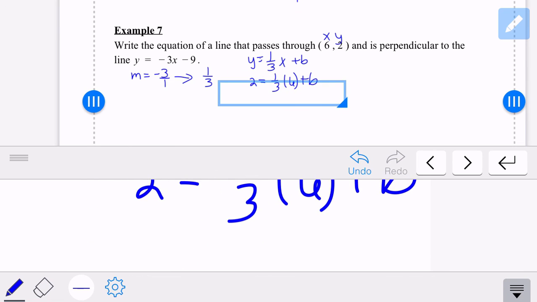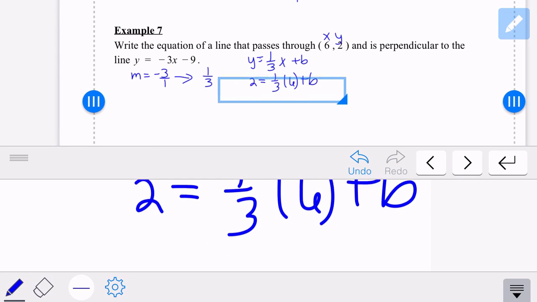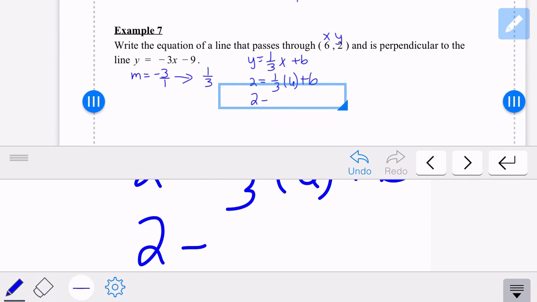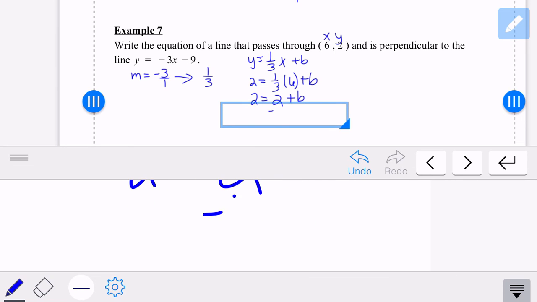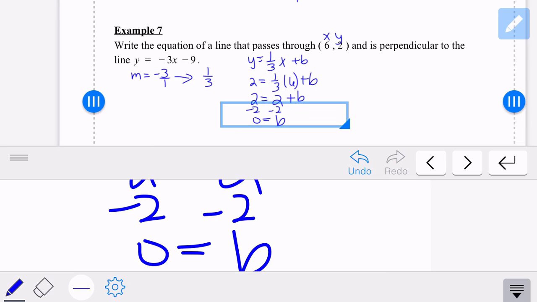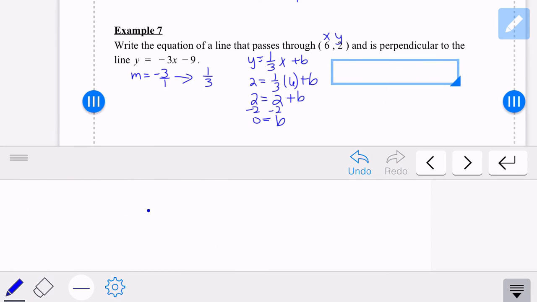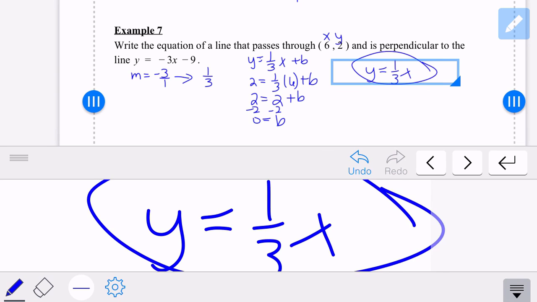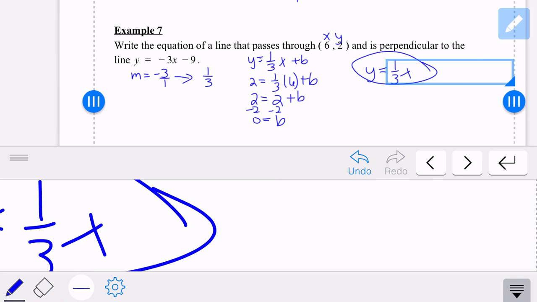Then 1/3 of 6, well, if you do that in your calculator, if you can't think of it in your head, 1/3 of 6 is going to be 2 plus b. And then if we subtract 2 from both sides, we're going to get 0 for b. So our equation isn't even going to have the b in there, so it's just going to be y equals 1/3 x. And that would be it.